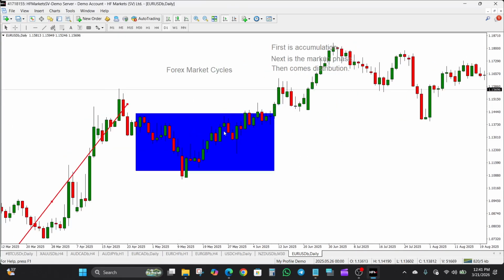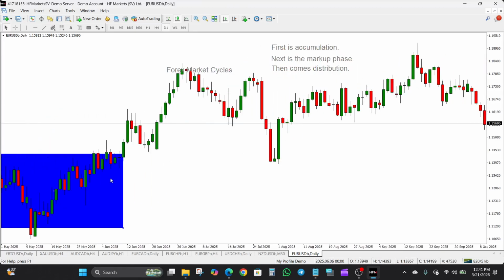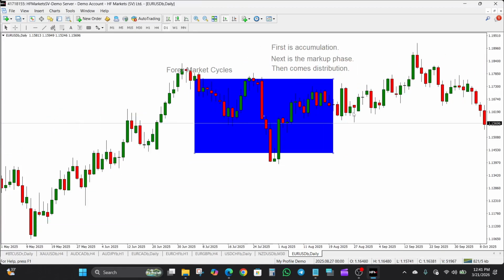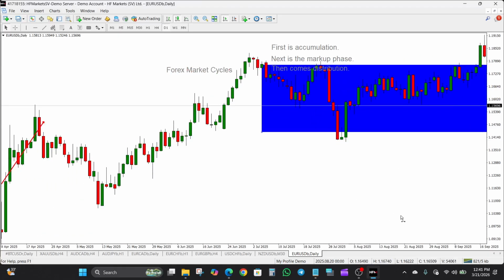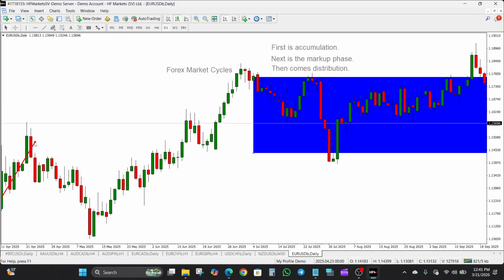I think we're even going to use this. So after price has gone up, price begins to slow down and move sideways again. Large traders may begin selling their positions while the public is still buying.